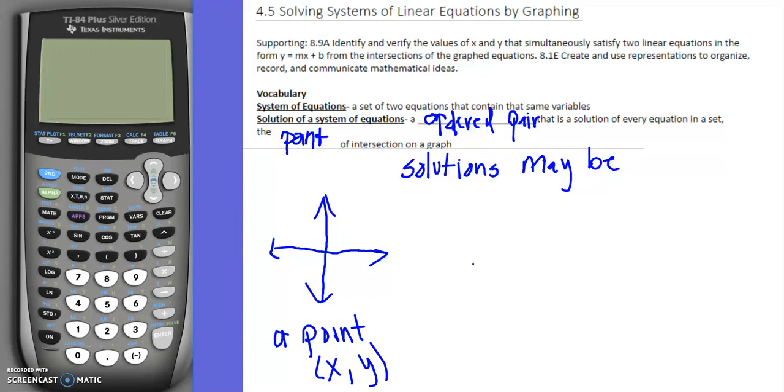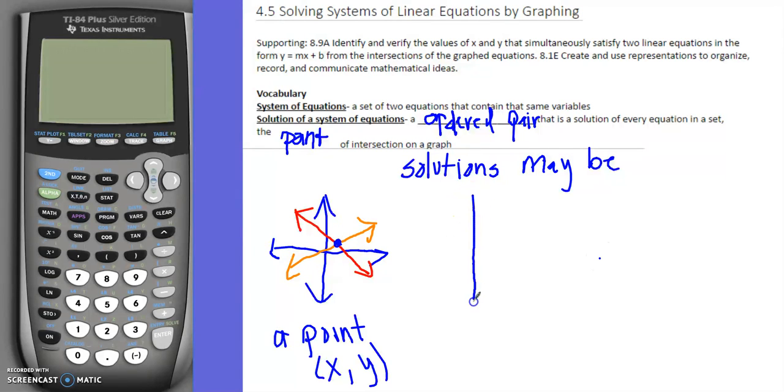For example, let's say you had this and this. The solution would be the point of intersection.